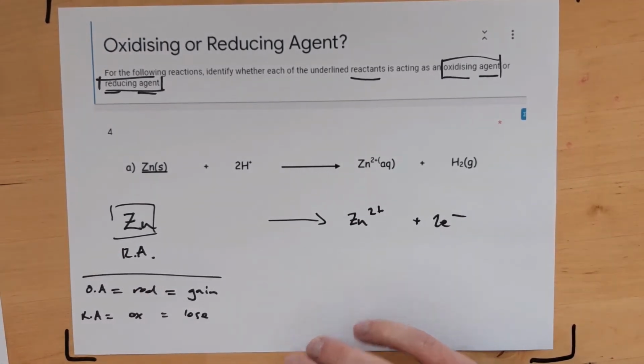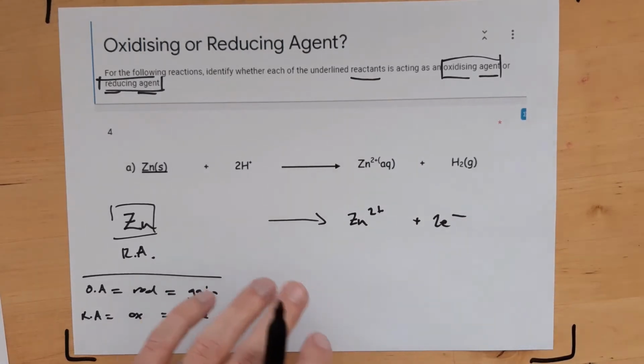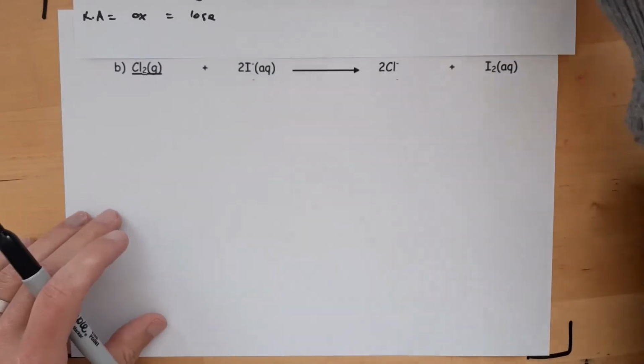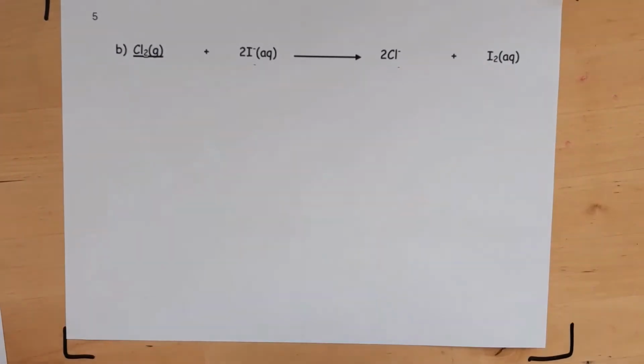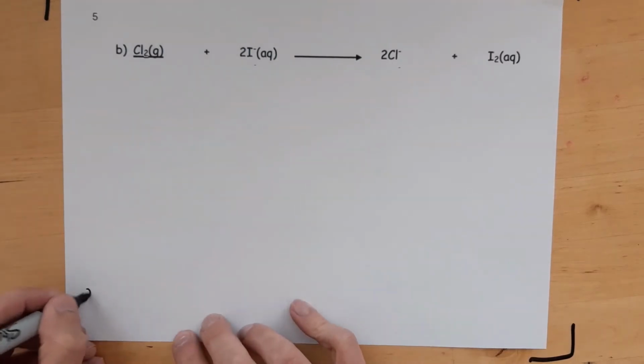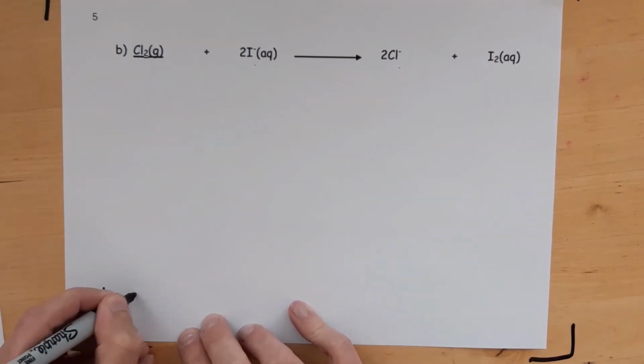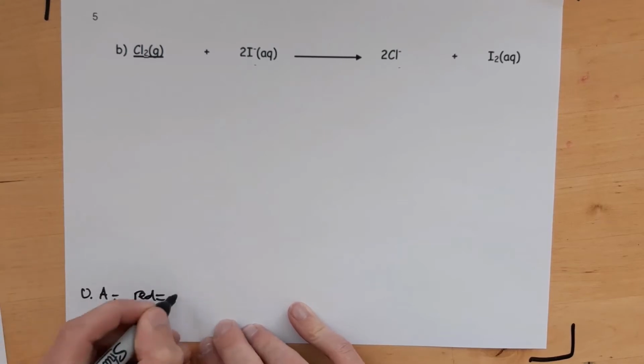Okay, next one. I'll do the reminder again down here: oxidizing agent equals reduced equals gain.